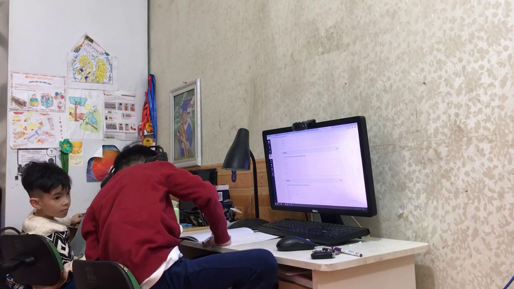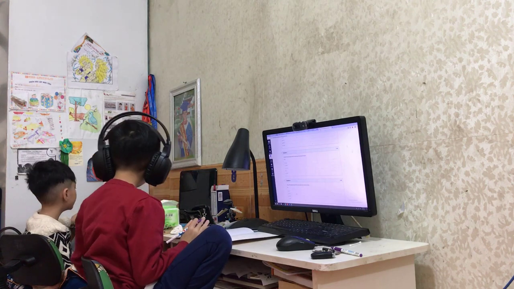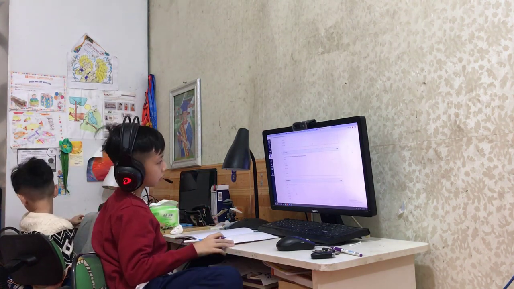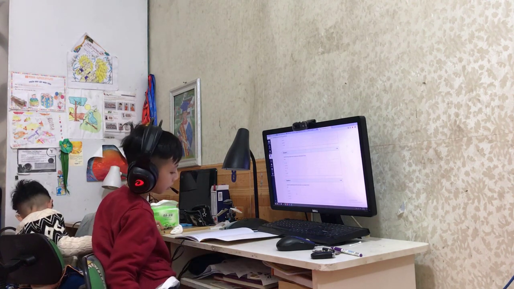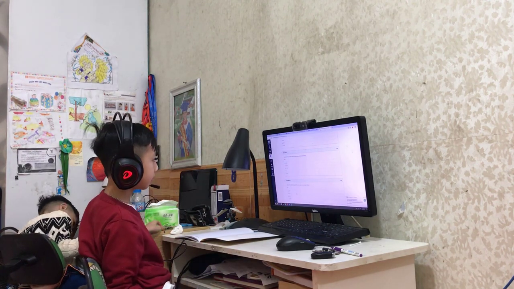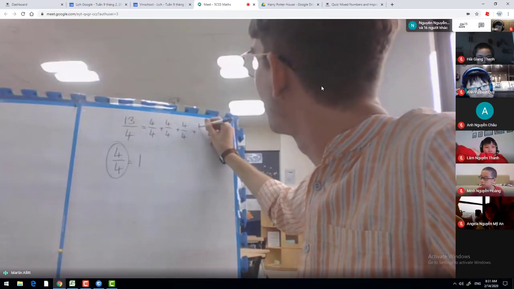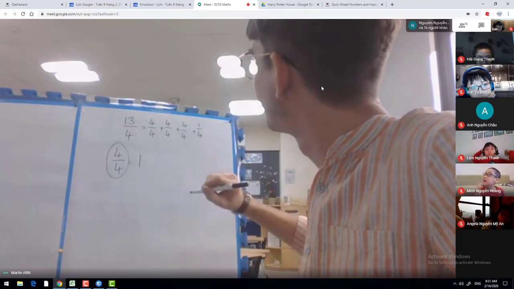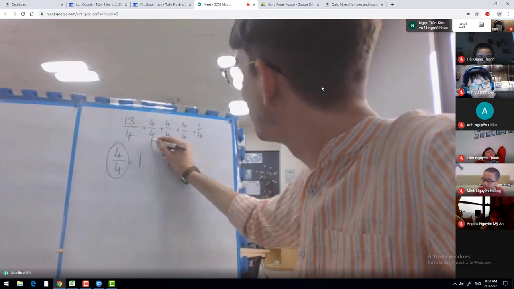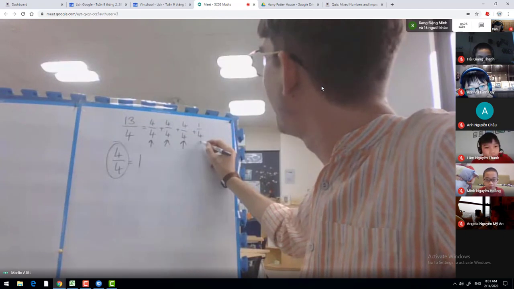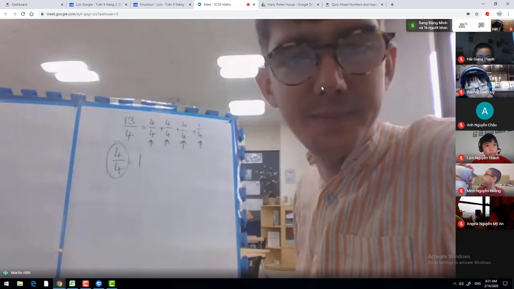So 4 quarters, 8 quarters, 12 quarters. I need to make 13 quarters, so I will add 1 more quarter here. Okay, so each of these is equal to 1. And then I have 1 more quarter on the end.